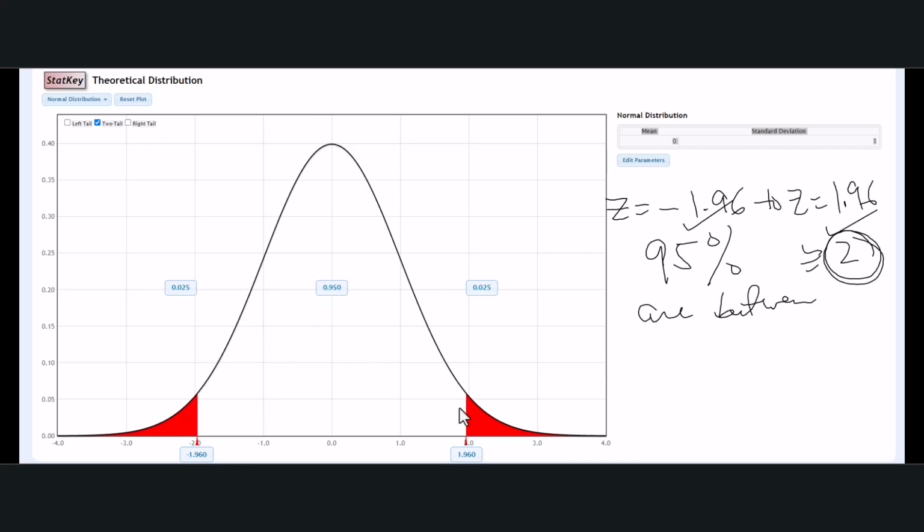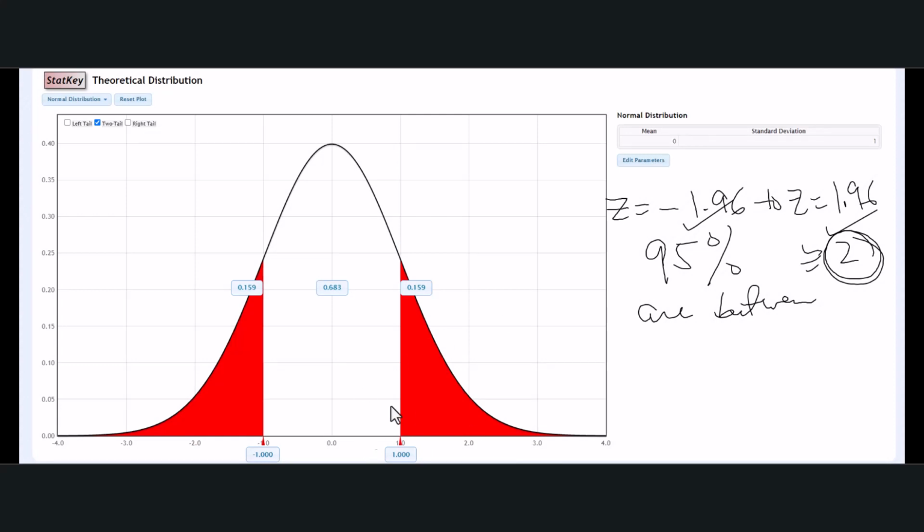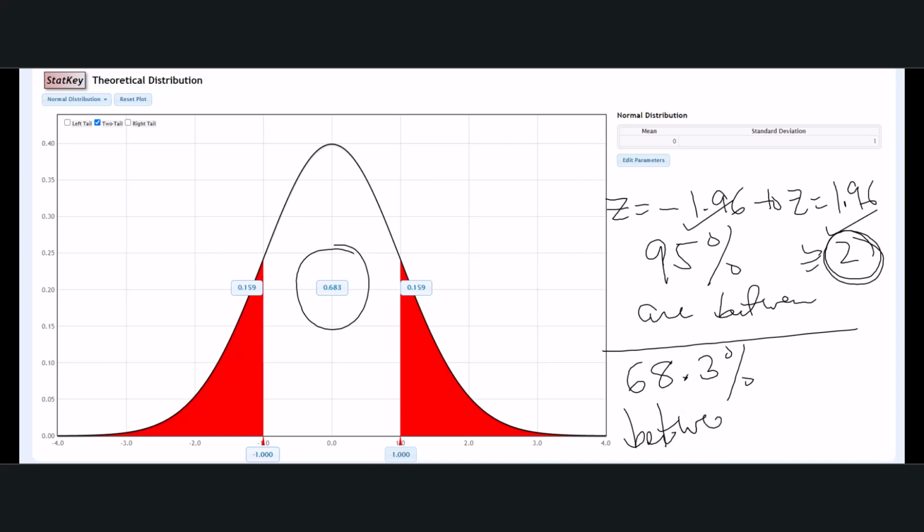For instance, if I change 1.96 to 1, it shows 0.683, so 68.3%, which we took as 68%, of the area is between z equals negative 1 and z equals positive 1.